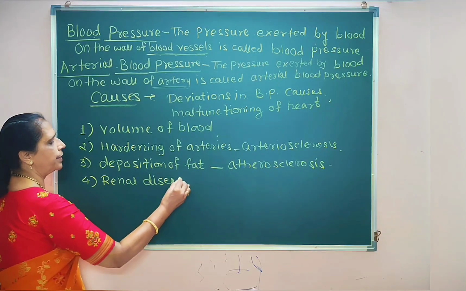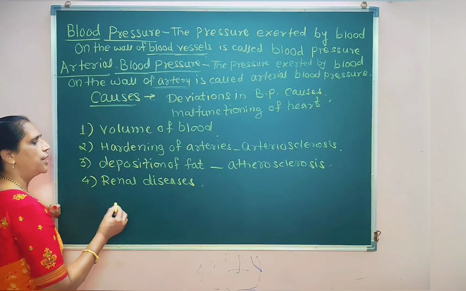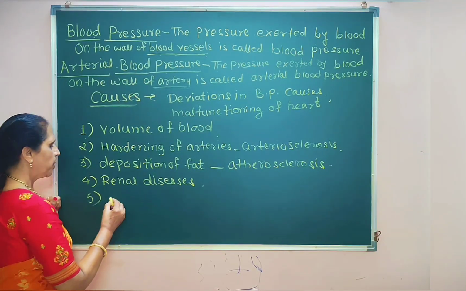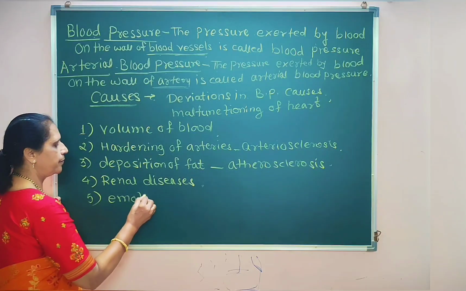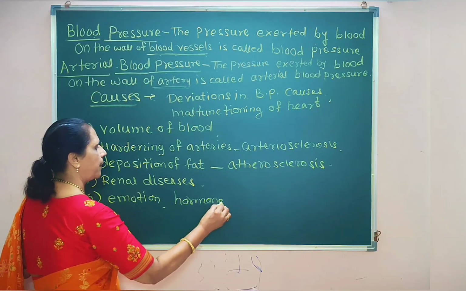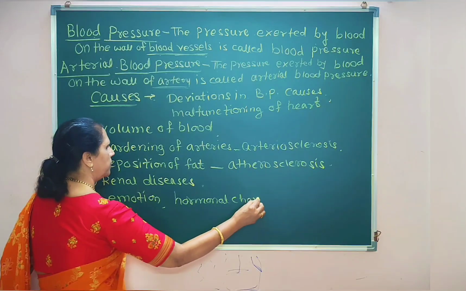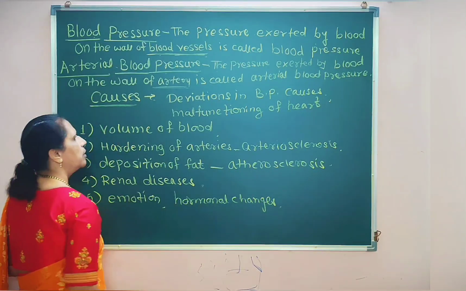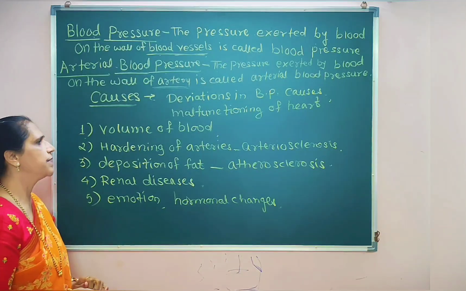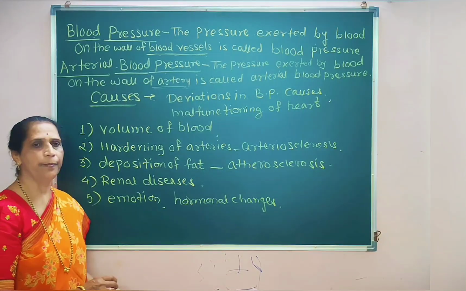Due to different types of renal diseases, variations occur in blood pressure. Then emotions, hormonal changes, anxiety.